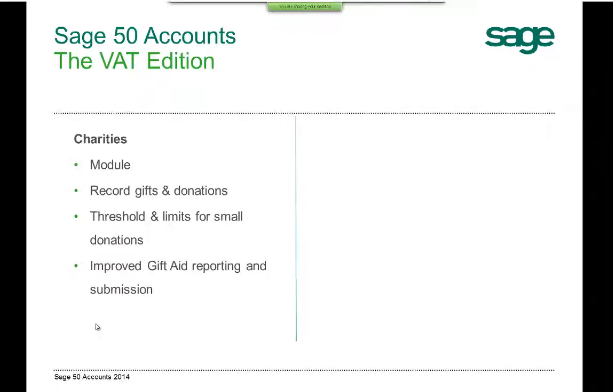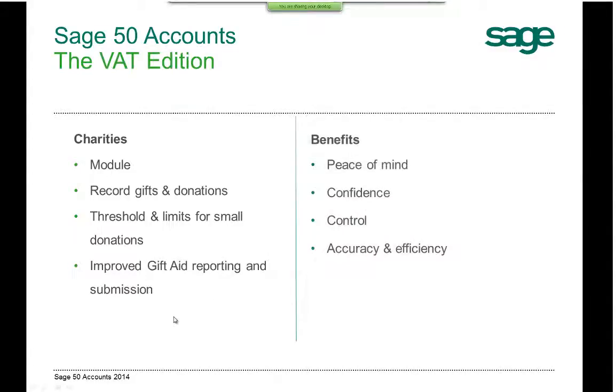And we've also improved the gift aid reporting and submission process as well. So it all gives your charity clients that bit of extra peace of mind, confidence and control that it's all accurate, and it makes it much more efficient. We know that a lot of the time people are volunteering their time to do charity accounts, so the more we can make it easier for them, the better.